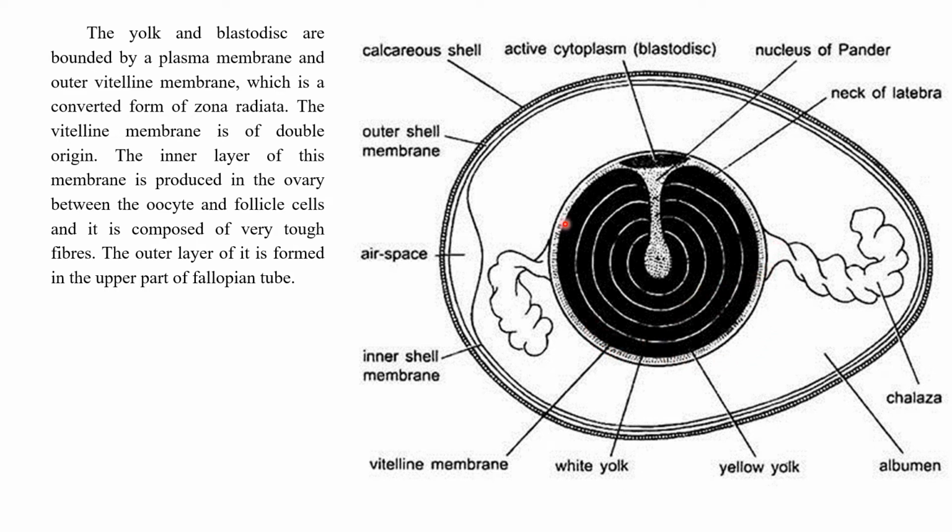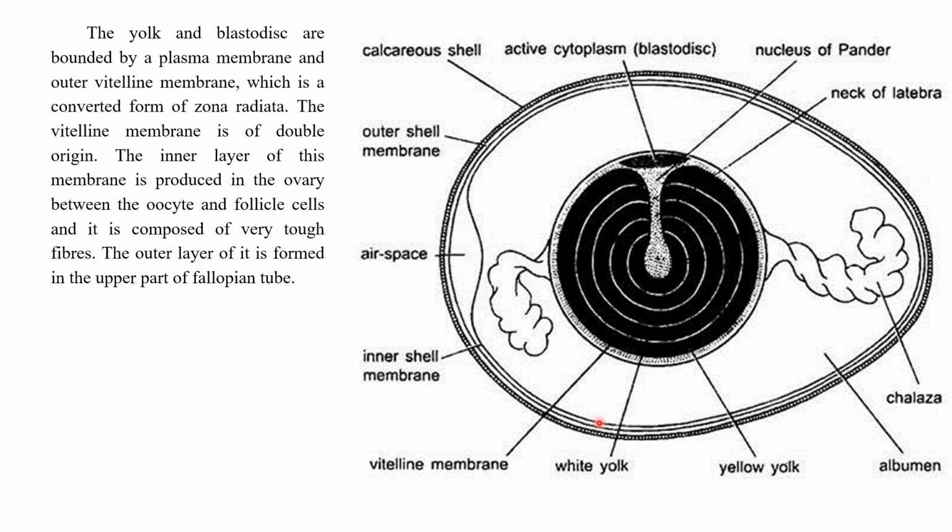A plasma membrane will cover the entire structure, including the blastodisc. Okay, from here, and immediately exterior to this plasma membrane there will be one more membrane called the vitelline membrane, which is formed after the conversion of zona radiata, the outermost layer of the ovum.